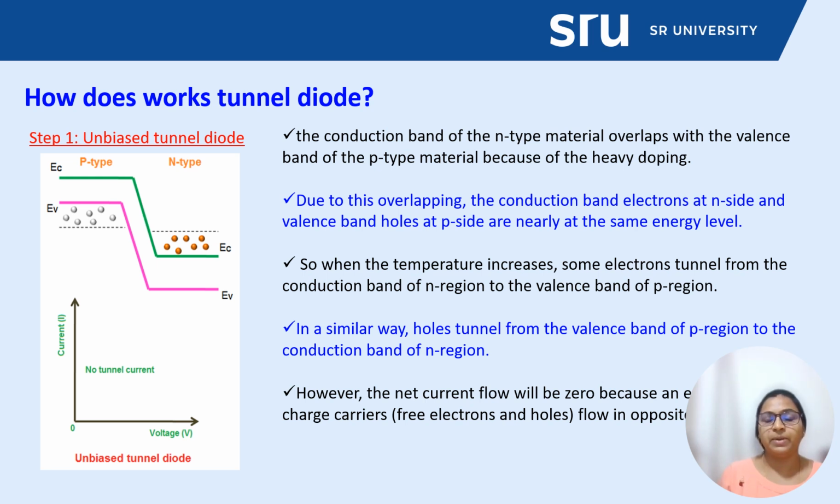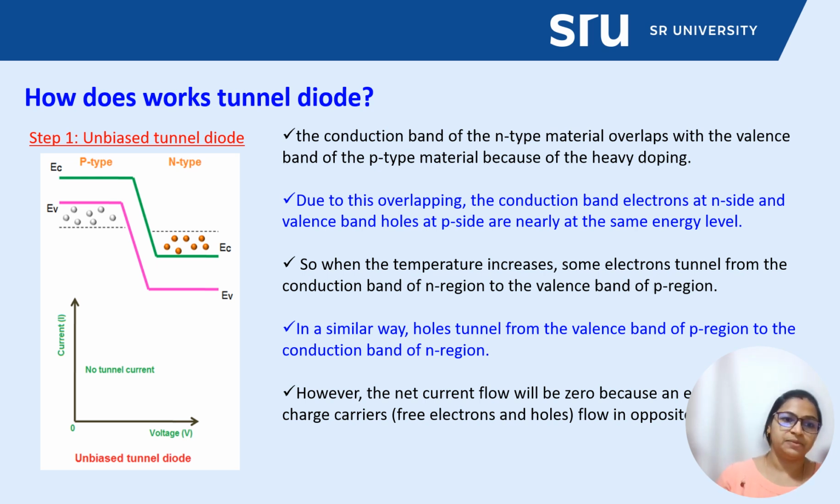So what will happen in the tunnel diode? There will be no current flow. Why? Because the conduction band of the N material overlaps with the valence band of the P-type material because of the heavy doping. Both materials are heavily doped.